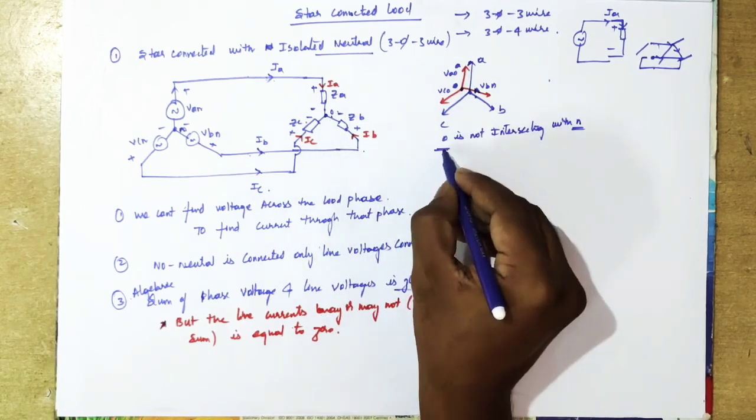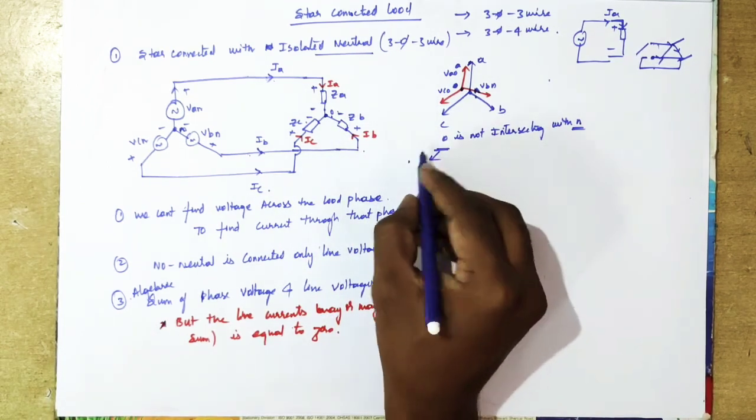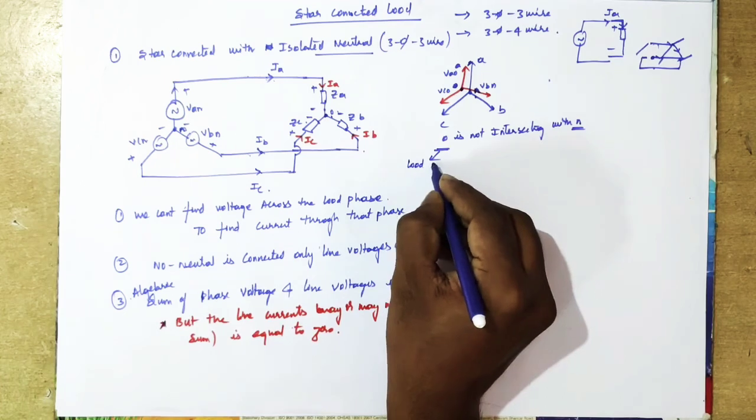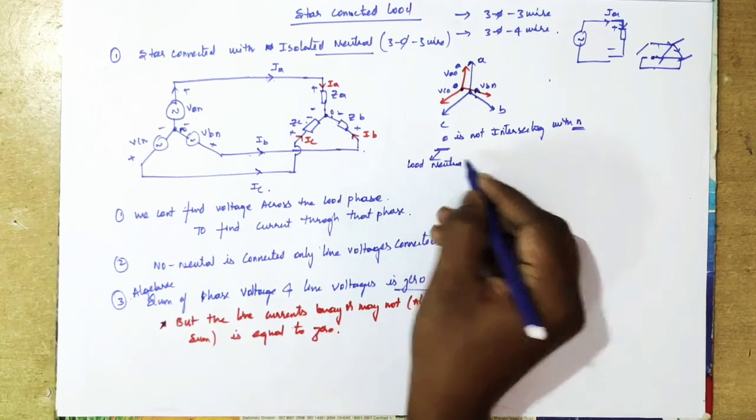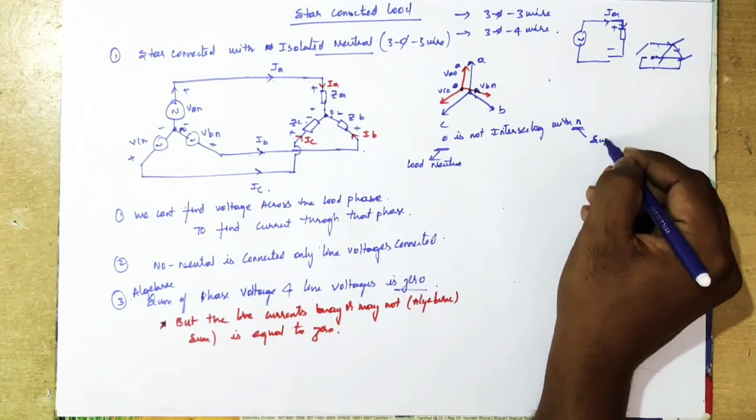O is the load neutral, and N is the supply neutral.